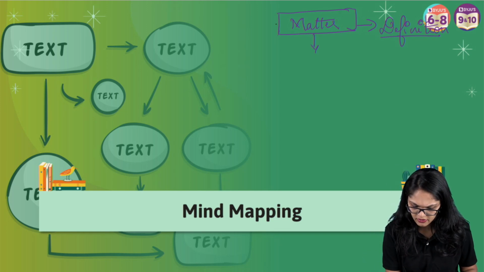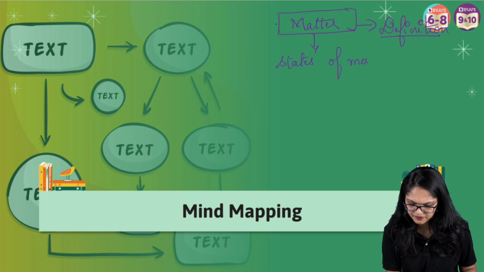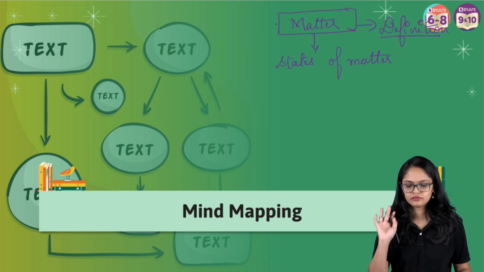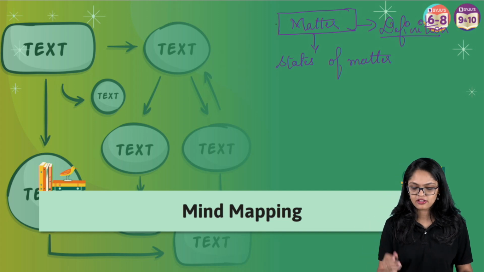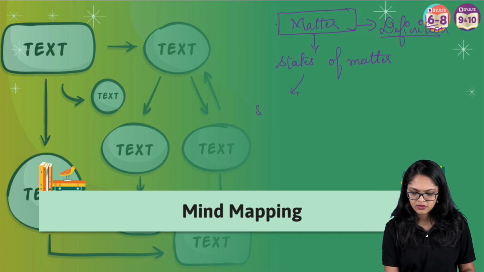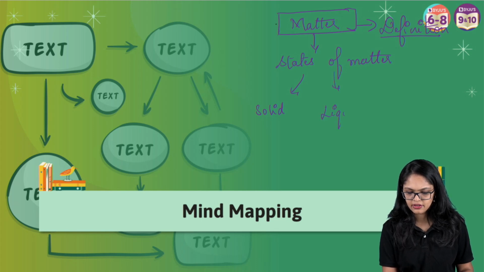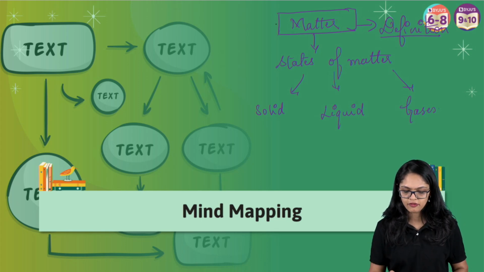Let me write down states of matter. What are the three states of matter? Solid, liquid, gases. Okay, there are three states of matter.